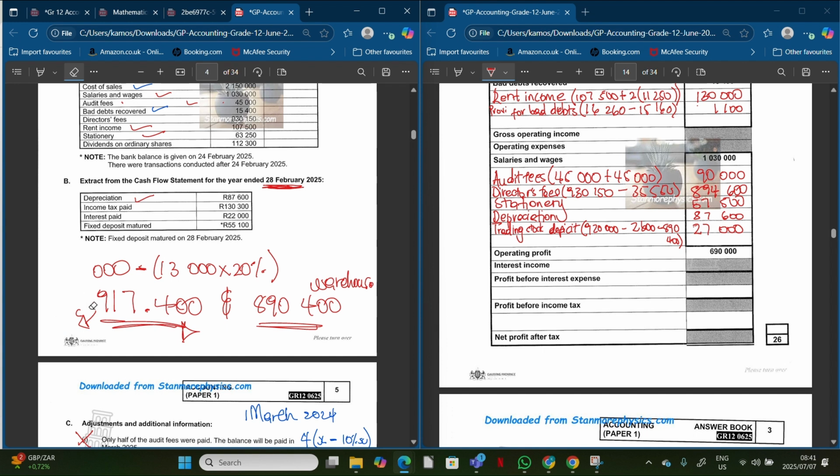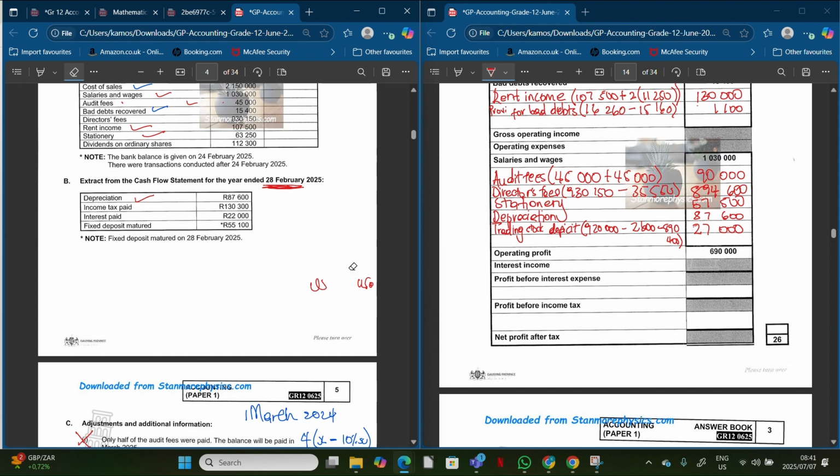Now I want to explain this. I'm glad that this adjustment is also there. I want to explain this one because most people never see it. They never understand how to do it, but I'll try to explain it in a very simple manner. But first things first, we need to deal with the profit before interest expense. So obviously for our interest expense, it is literally the interest on loan.